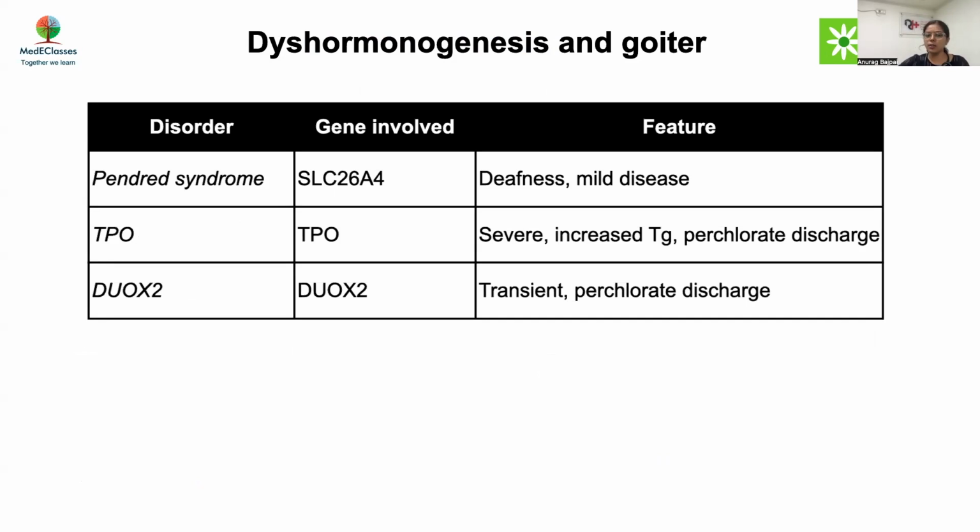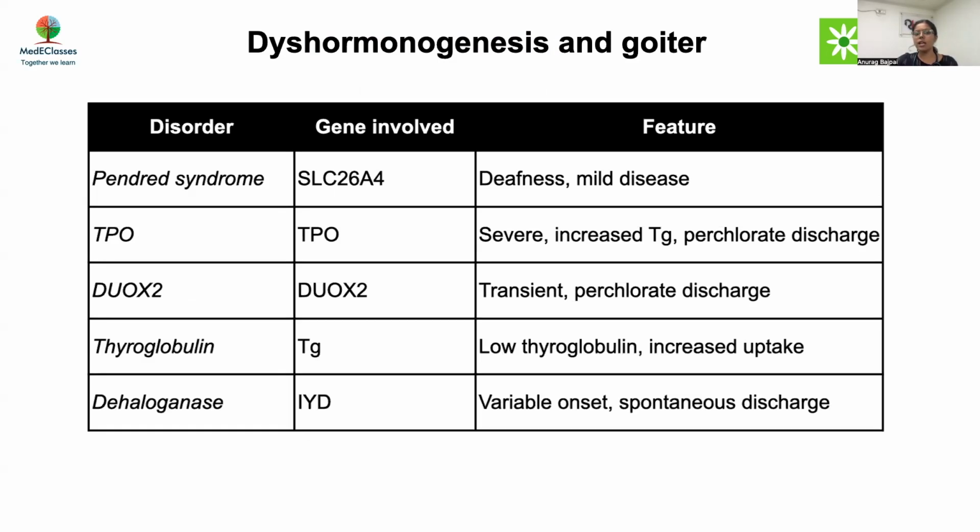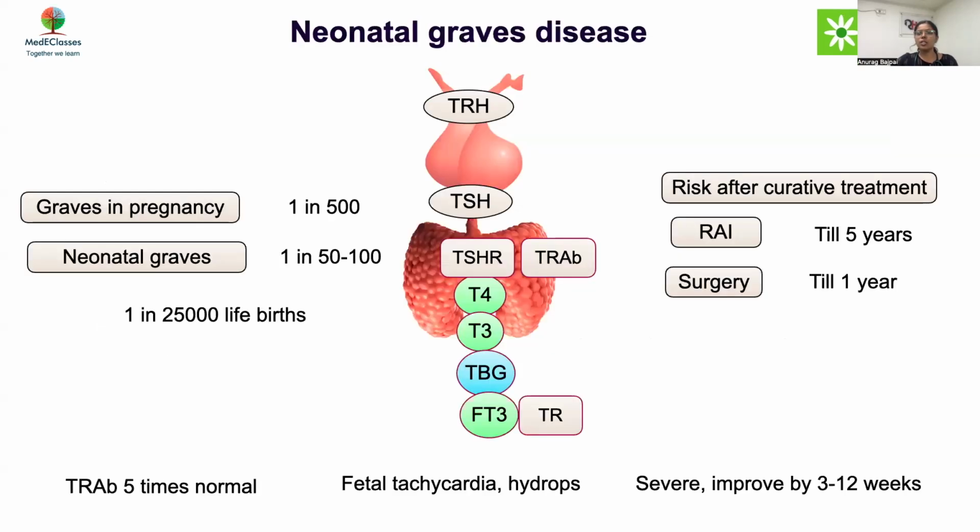DUOX2 is due to a defect in the gene DUOX2, which is transient, and thyroglobulin defect results in low thyroglobulin levels, and dehalogenase defect has variable onset. Neonatal Graves disease occurs due to maternal transfer of TRAb antibodies, which can result in fetal tachycardia or hydrops, but it will self-resolve by 3 to 12 weeks.